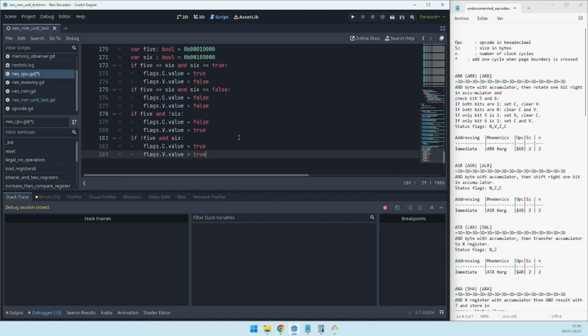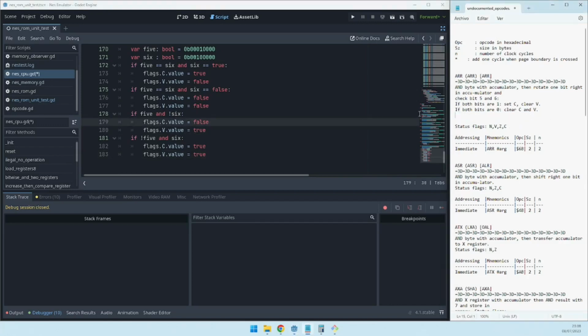If only 6, set both. If only 5, set C and B. What? Oh. Set B and clear C. Okay, set B and clear C.